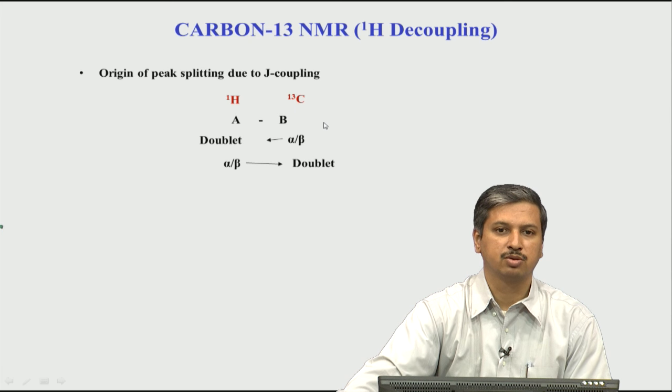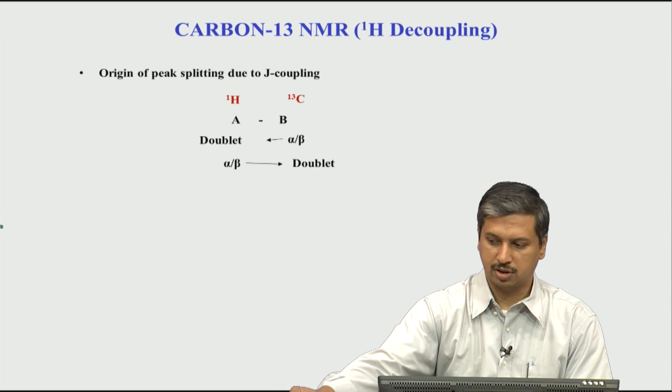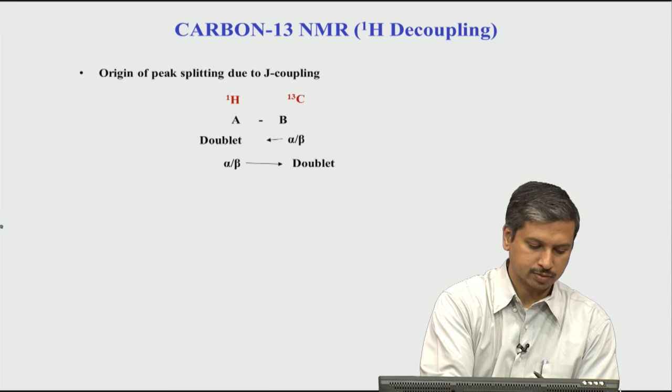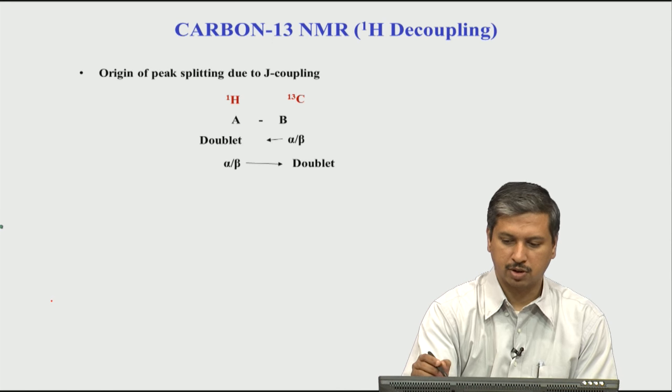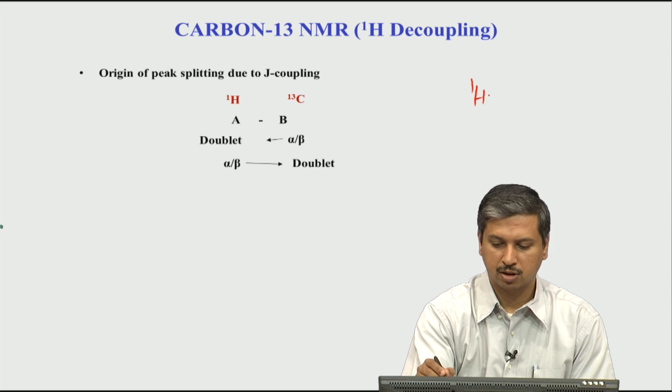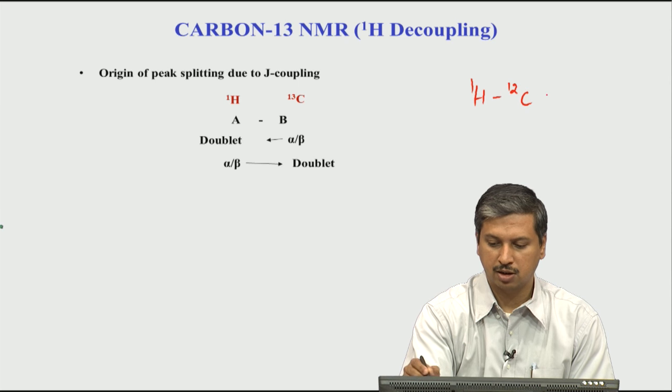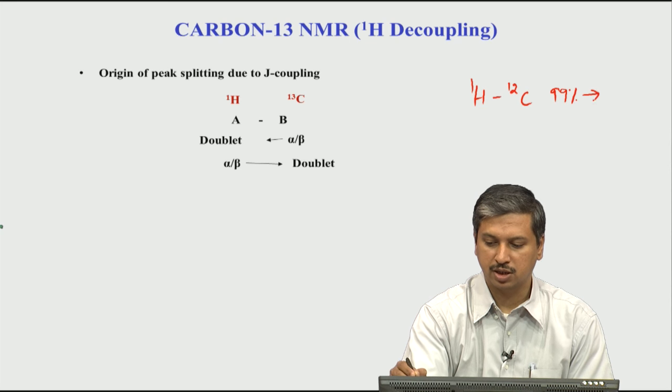But what happens most of the time is that this hydrogen is attached to C12, because remember, according to the natural abundance, it is 99%. So, we can look at it like this. A proton is attached to C12 99% of the time. Therefore, it will give a singlet, because there is no J coupling.